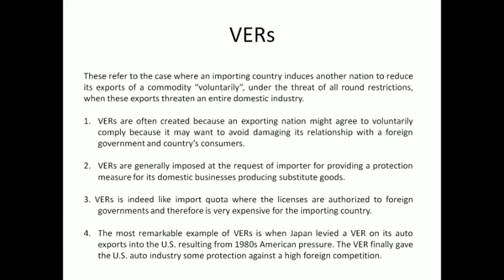So that is all about voluntary export restraints, which act as a non-tariff barrier when one country induces the exporting country to reduce its exports for saving its own market or for protectionism. We adopt this VER to be imposed on other countries.